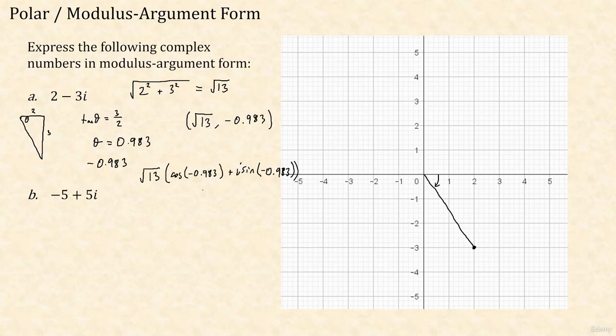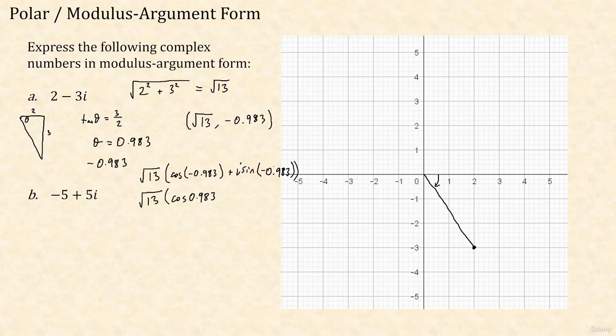What you'll sometimes see people do is, well, since cos of minus 0.983 is the same as cos of positive 0.983, you'll sometimes see people do sort of sneaky things like this. So that's the same as cos of 0.983, because cos is what we call an even function, whereas if you put a negative number in, it's the same as putting a positive number in.